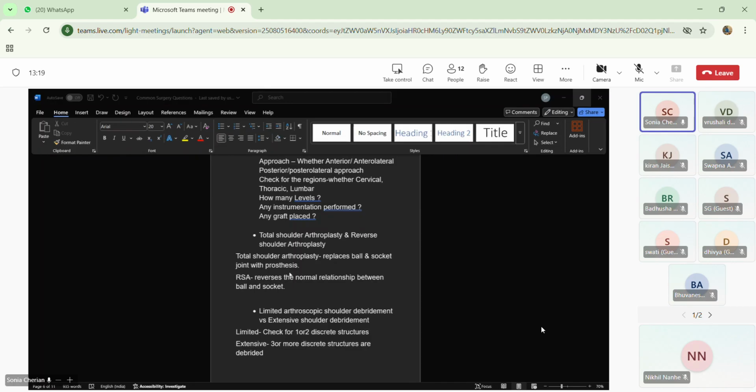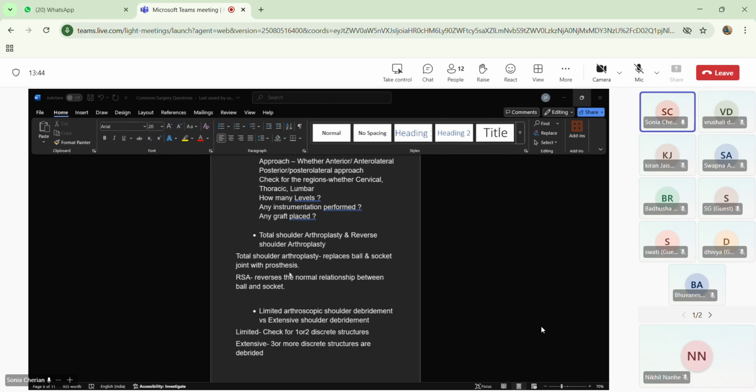So here they are doing rotator cuff repair, and they are also doing debridement of the superior side of the rotator cuff and the under surface of the glenohumeral joint. If this is the scenario, then how will you code it? Will you code it as limited debridement, or will you code it as extensive debridement along with the rotator cuff? But they are doing rotator cuff repair, so you definitely need to code the rotator cuff.